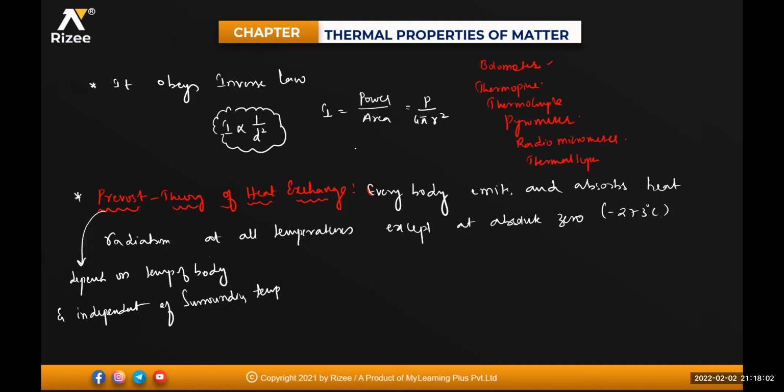That means if a body emits more heat energy than what it absorbs from the surrounding, then its temperature will fall. If the body absorbs more heat from the surrounding than what it emits, then its temperature will rise. That means if the body is emitting and absorbing heat in equal amounts, then it is said to be in thermal equilibrium. Clear? When the temperature of the body and the surrounding are equalized, then convection stops and only radiation exchange will take place. Clear for everyone?